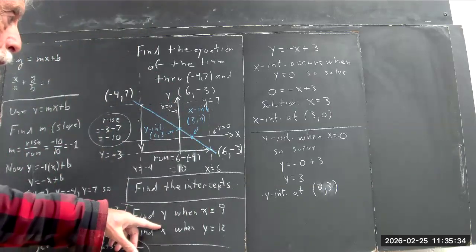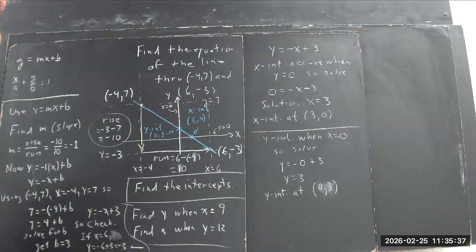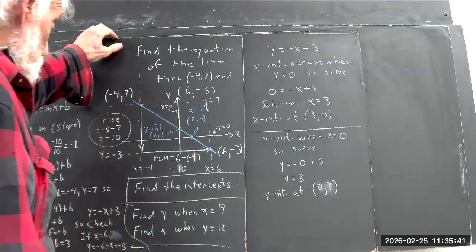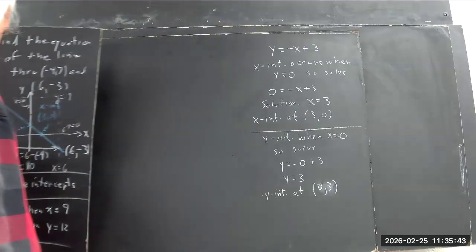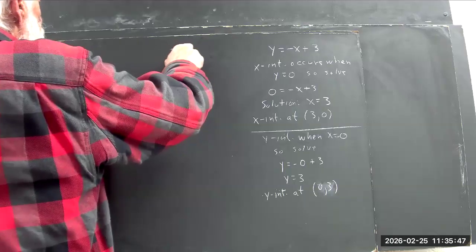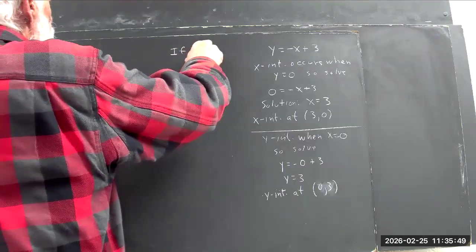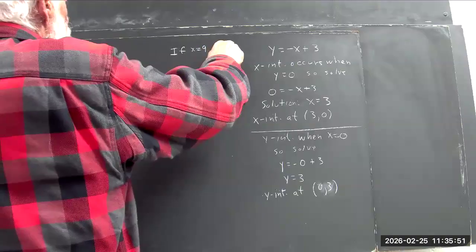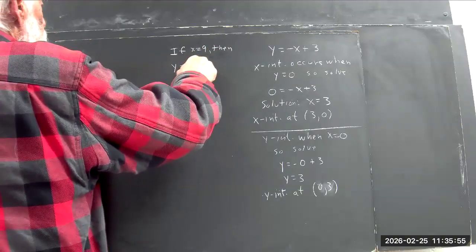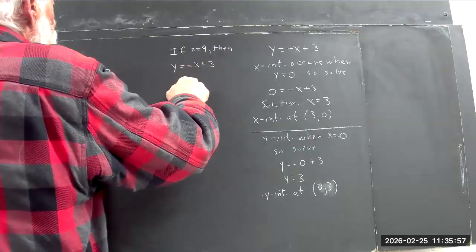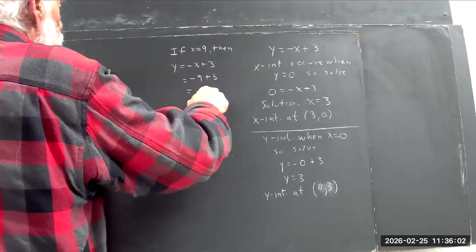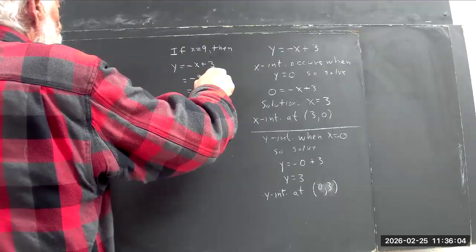Now we want to find y when x equals 9. How do we find y when x equals 9? If x equals 9, then y, which equals negative x plus 3, equals negative 9 plus 3, which is negative 6.